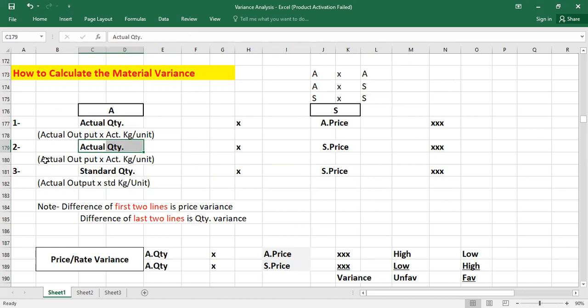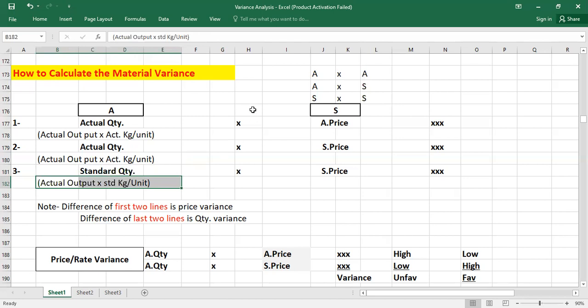We will use the same formula: actual output multiplied by actual kg per unit. Now, when you want to calculate the standard quantity, we will take actual output multiplied by standard kg per unit. It could be given with the name of budgeted kg per unit as well.